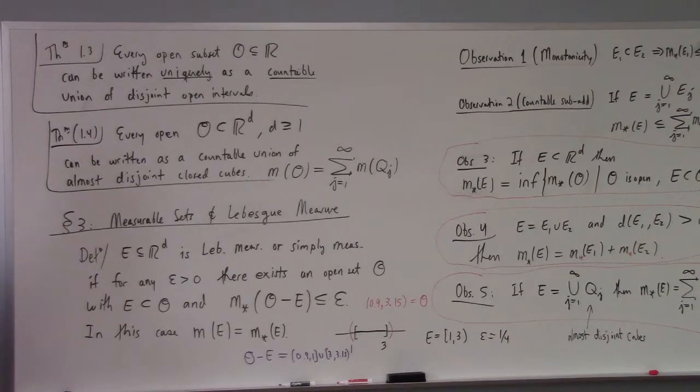And the exterior measure doesn't care about endpoints. You can work this out. The exterior measure of that is indeed 0.25.